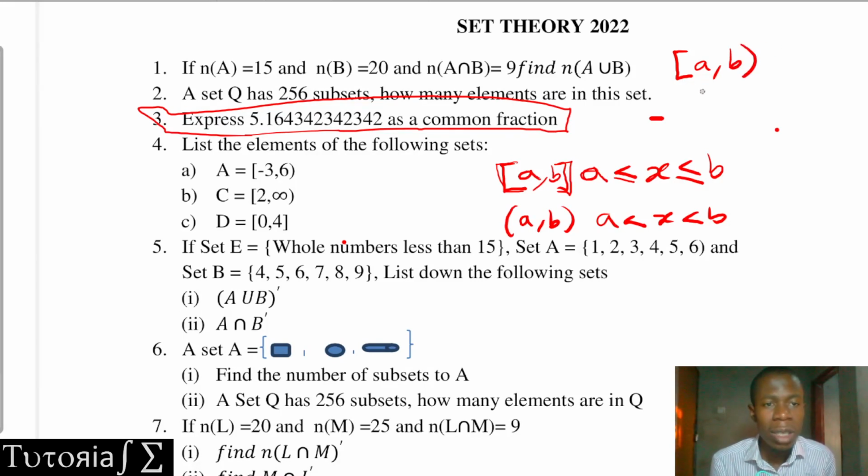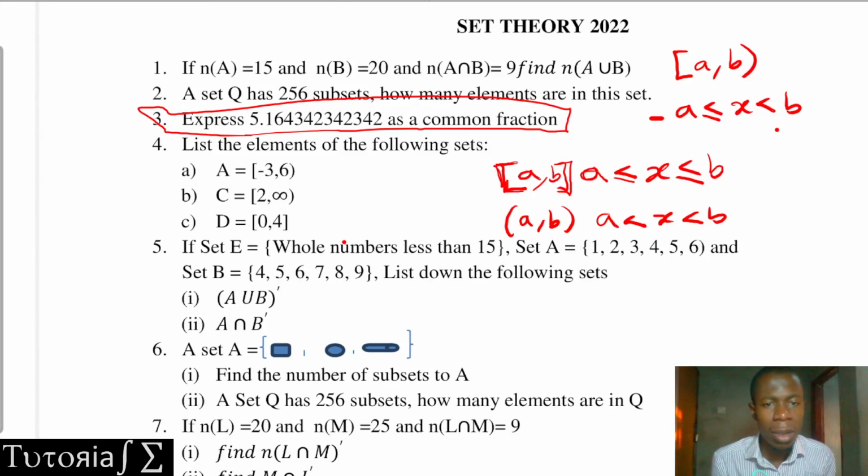So this means that A is less than or equal to X, which is less than B. So the closing parenthesis here means less than. So these are the intervals. Try to solve these questions.